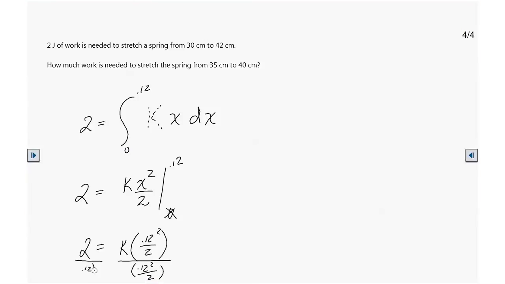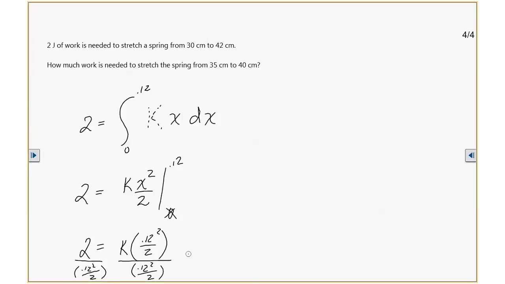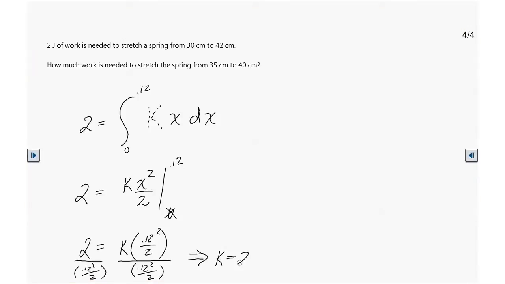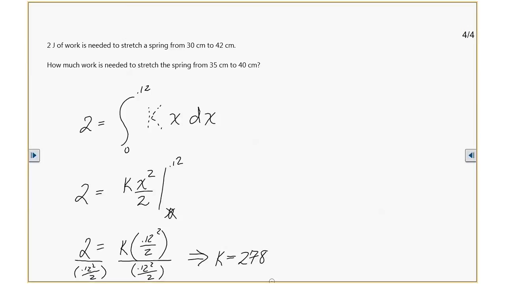What does K equal? Just say 278 is good. I think mine came out to be 277.78. Let's raise it to 278. All right, so now you found K.